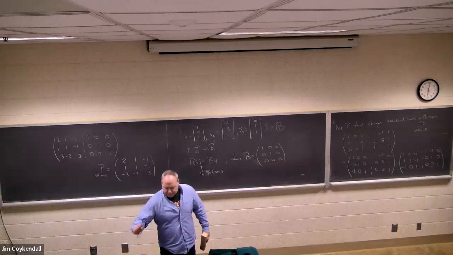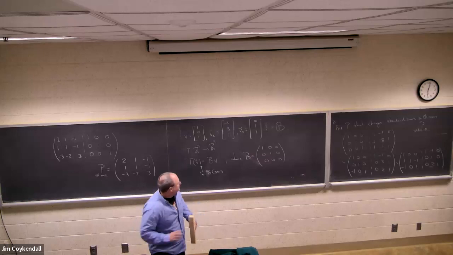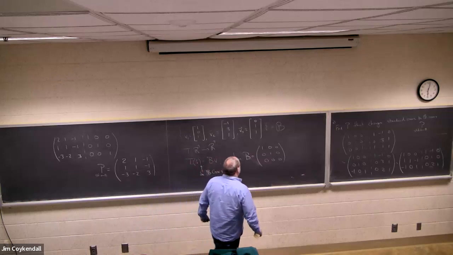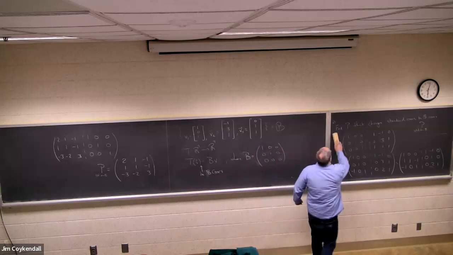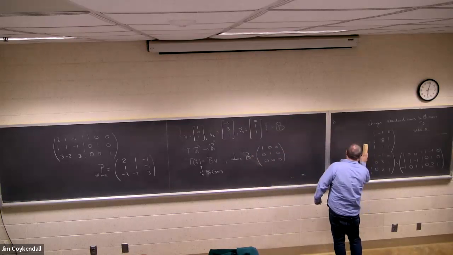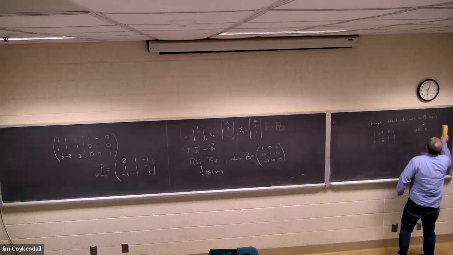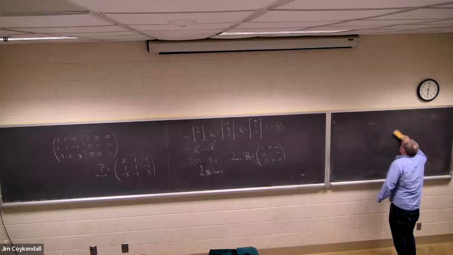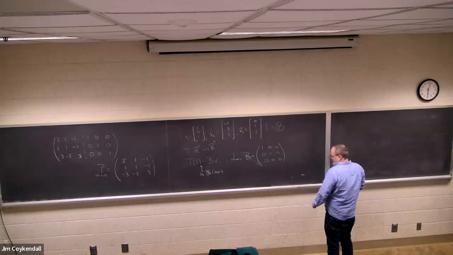Okay, part B, find the matrix called A that represents T with respect to standard coordinates.